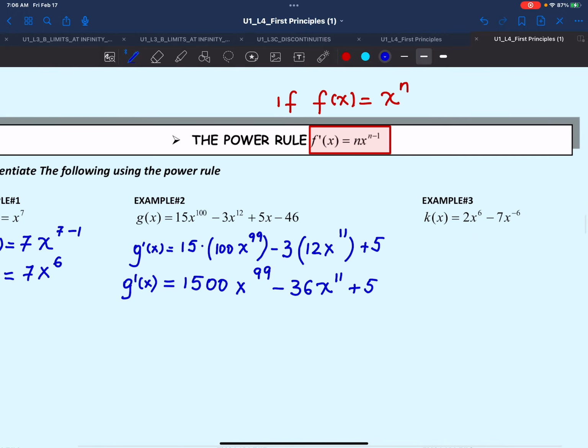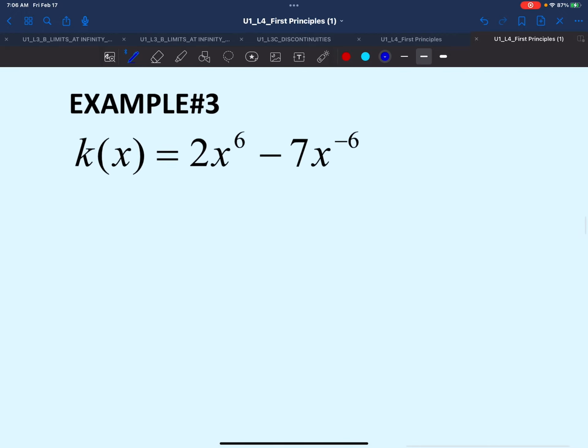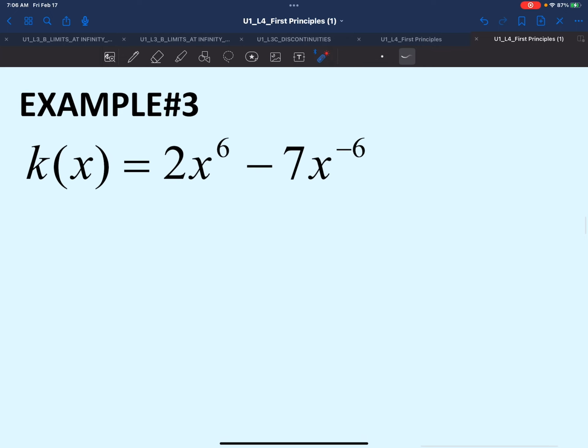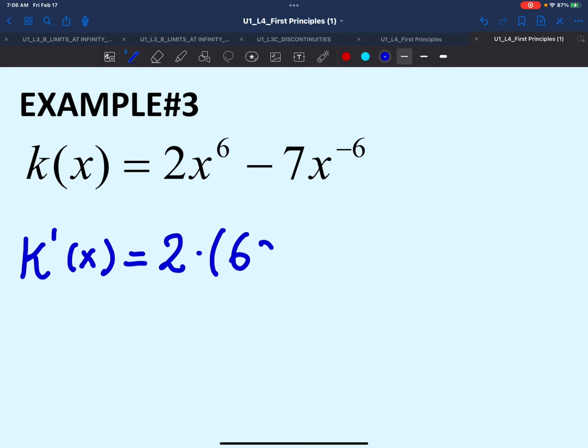Now let's move again to another example. This time we have function k of x equals 2x to the power 6 minus 7x to the power of negative 6. So here we go. We are finding k prime x equals, number 2 stays the same. Differentiate x to the power 6. That makes 6x to the power of 5.